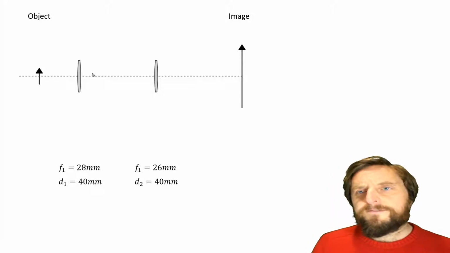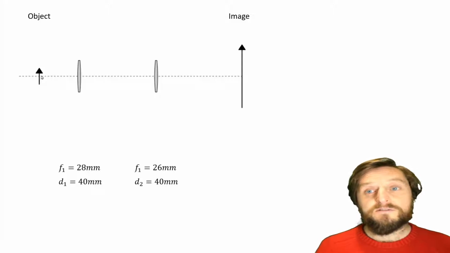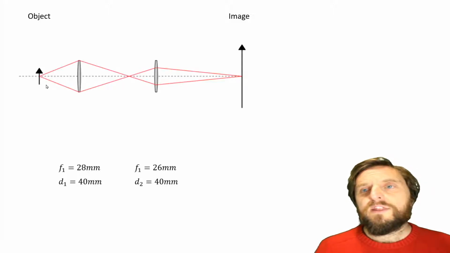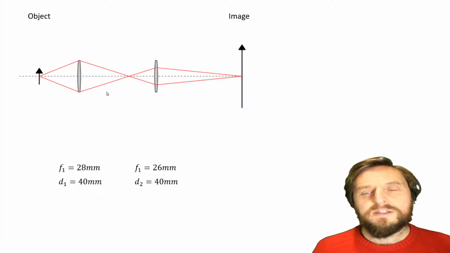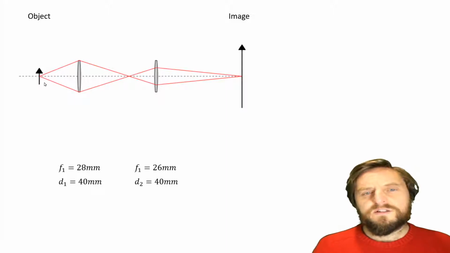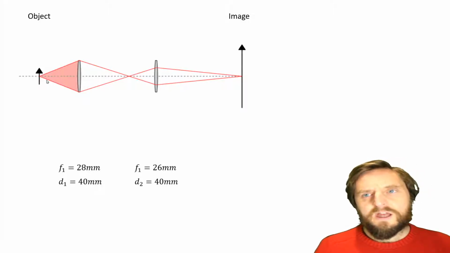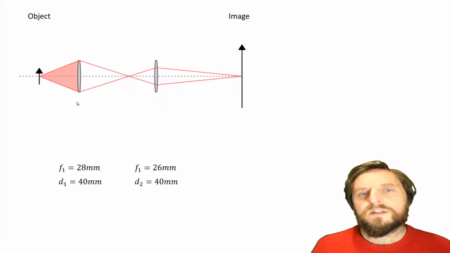So if we look at the rays of light that come from, say, the center of this object, they are going to pass through the series of lenses, and there is a certain maximum angle that they can form to go through this lens. So, for instance, if this is the maximum ray that can go upwards, and this is the maximum ray that can go downwards, they form this kind of triangle.